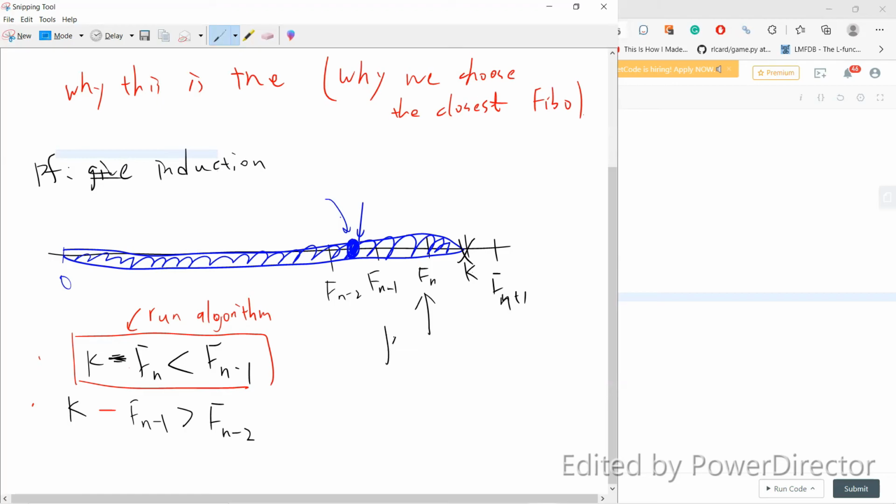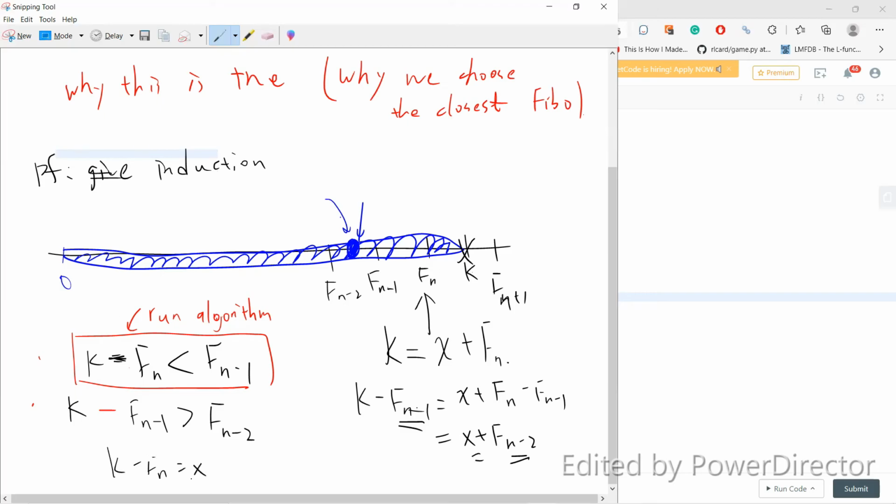Okay, so I can write k in terms of x plus fn. When I use k minus fn minus 1, then I get x plus fn minus 2. So this is the additional step, and this is additional step. And if I use k minus fn, then I only get x.